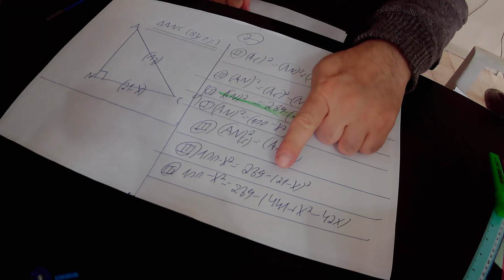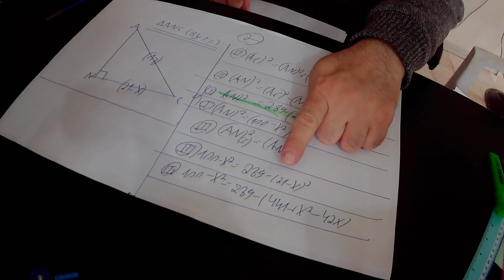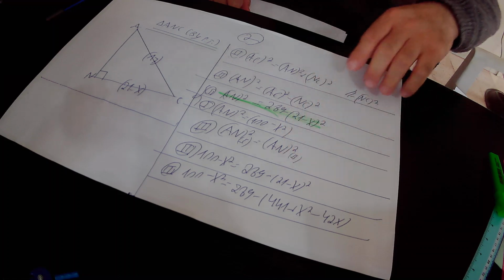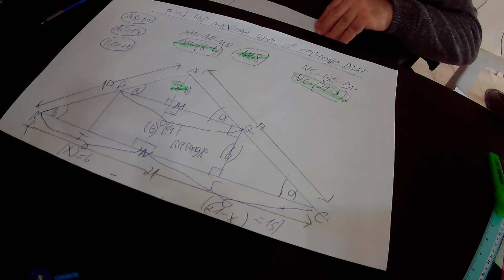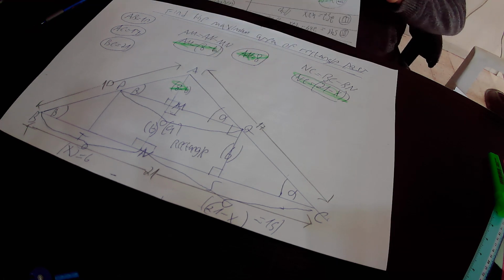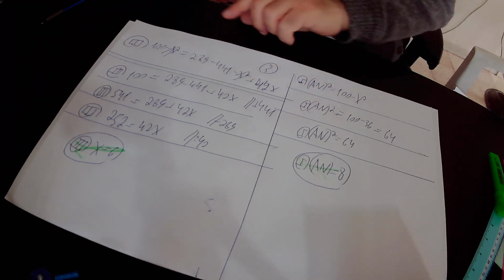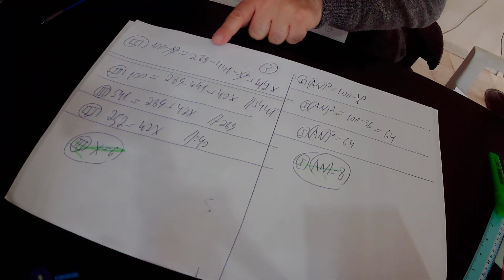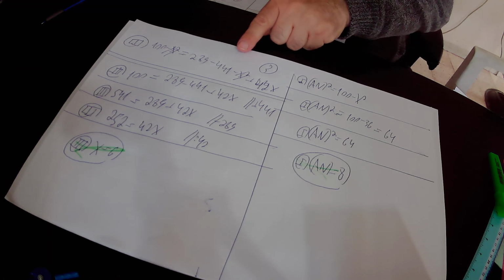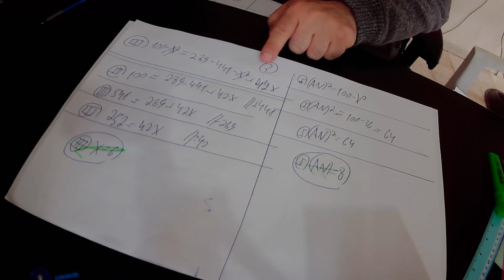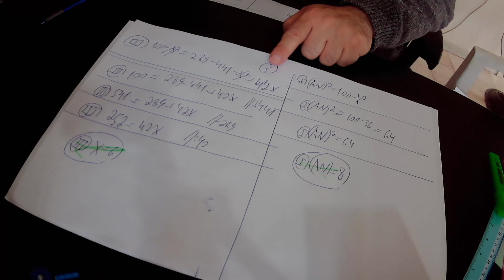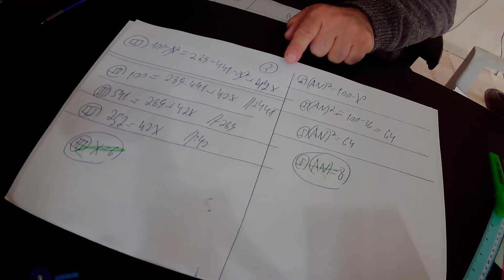So in the next step, we open the brackets on this side of equation 3. We found out actually that minus x squared equals 289, and after we open the brackets, we get here minus 441 minus x squared, and we have minus times minus is plus, which will be plus 42x.